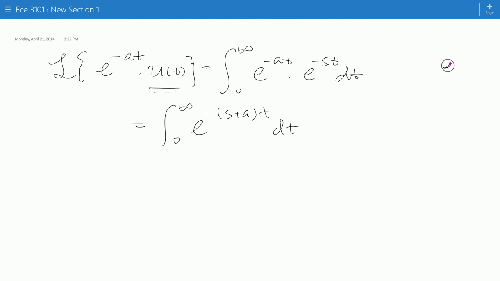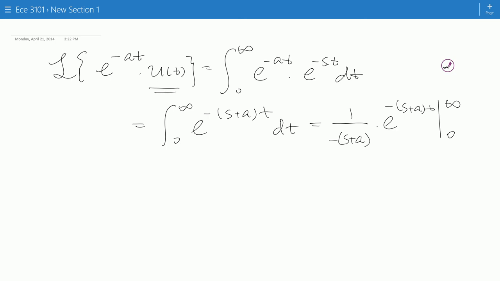Now, since we have another exponential function, and since the integral variable is just t itself, we can simply write, following the same scenario, what this is going to be equal to: negative 1 over s plus a, then e to the power of negative s plus a times t, with t from 0 to infinity.